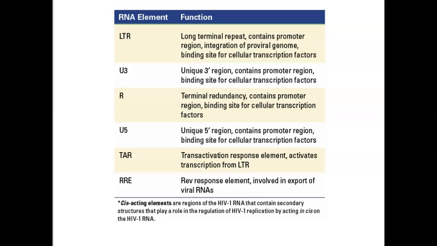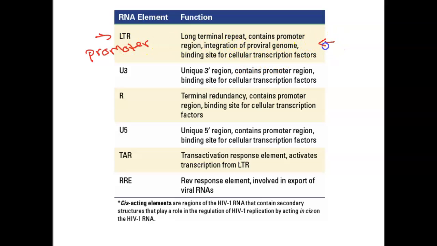So HIV has a lot of control elements, or a lot of regulatory elements. The ones that we're going to focus on, or I'm going to specifically mention again, are the long terminal repeats, and these are really important for transcriptional promoters. So this has the promoter elements for cellular transcription factors.